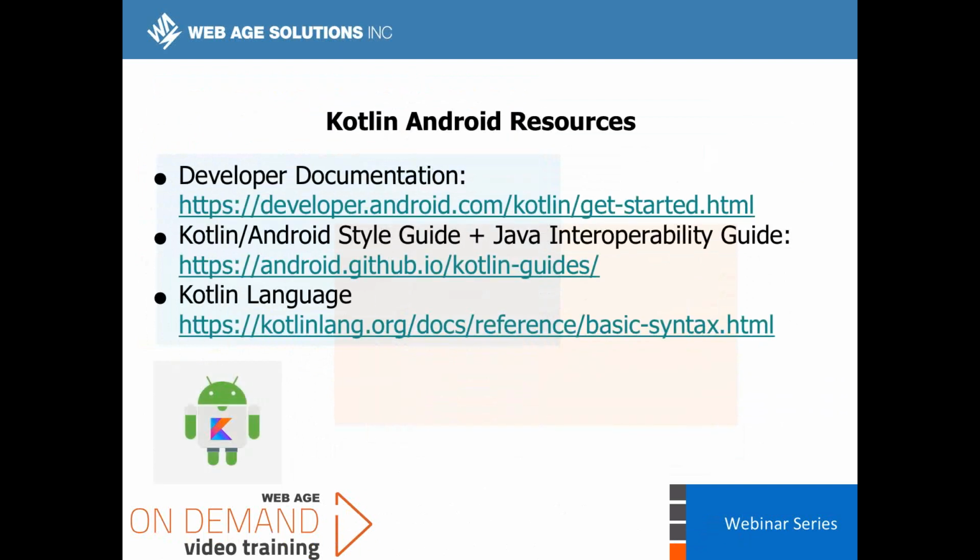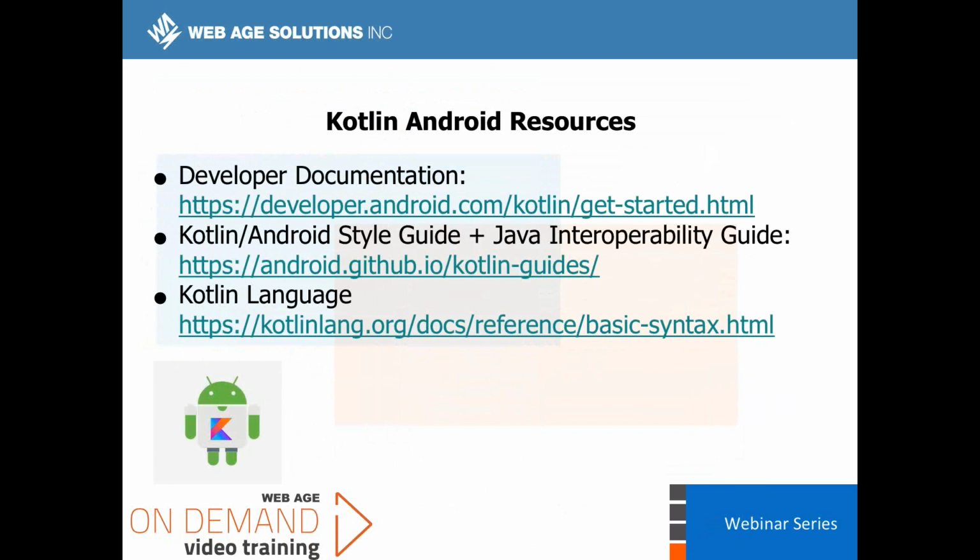Some resources to look at: developer.android.com. There's the Kotlin Get Started document that's very good. There's the interoperability guide, and very important, if you have an existing project and you want to add some Kotlin to it. I do a little bit of iOS development as well, though I'm a Java and Kotlin developer, not as much an Objective-C and Swift developer.